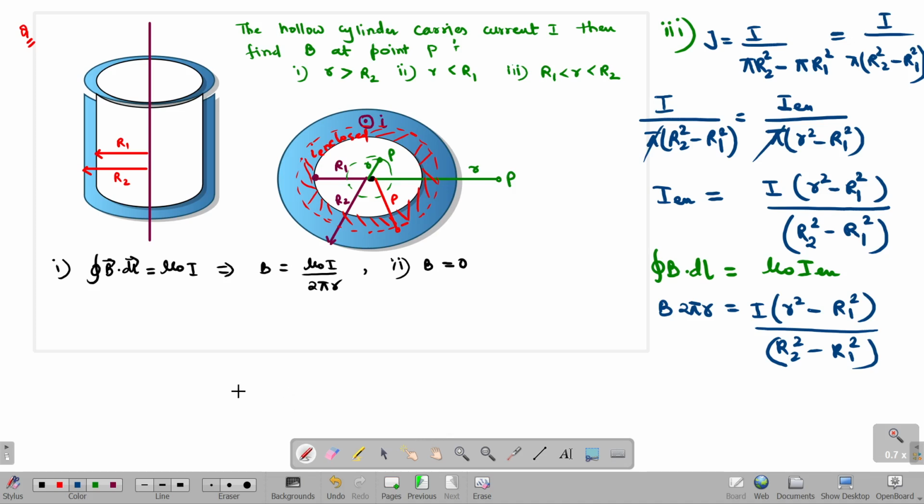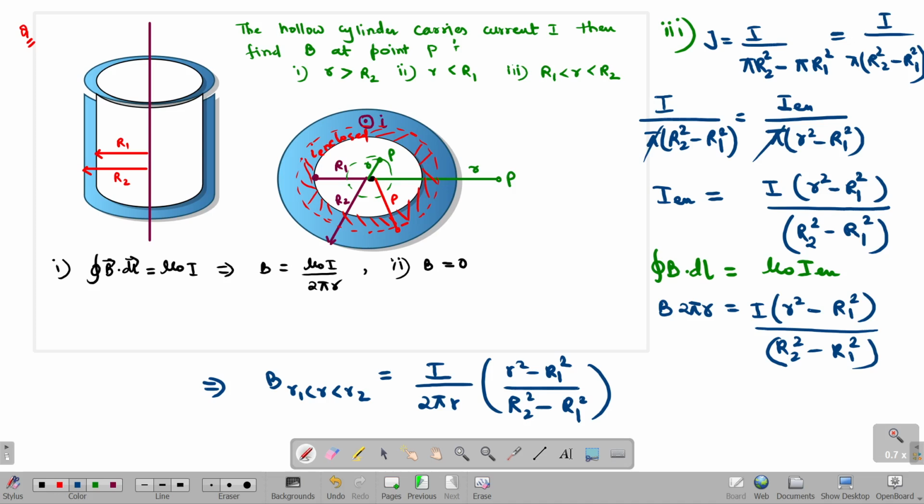Therefore B in the in-between region R1 to R2 is equal to I by 2 pi r times r square minus R1 square by R2 square minus R1 square. Is that clear? Yes. That's your answer.